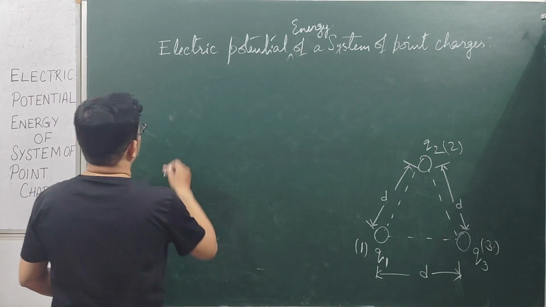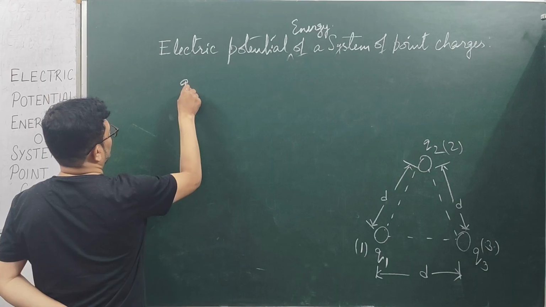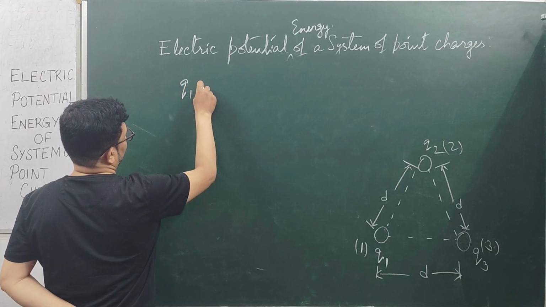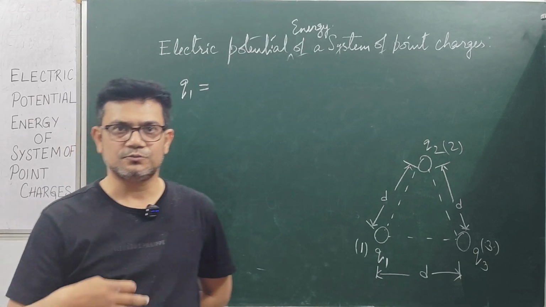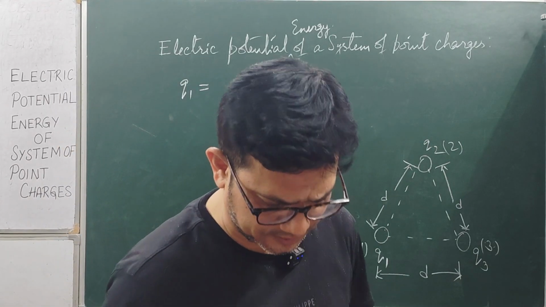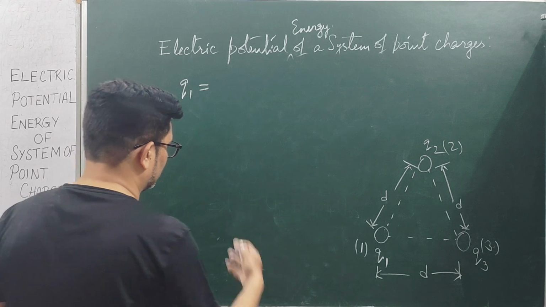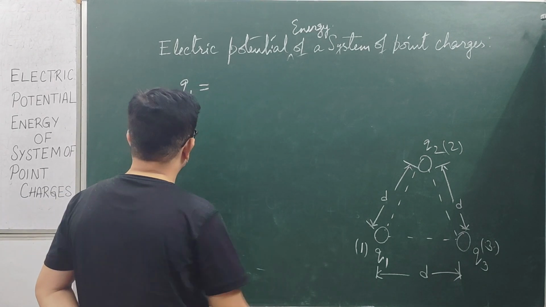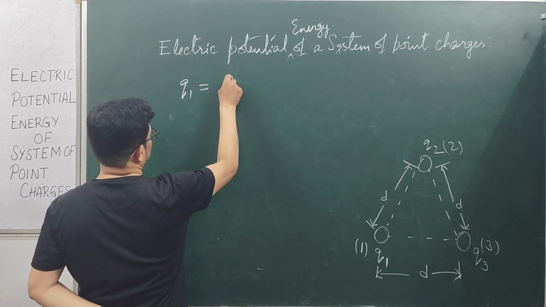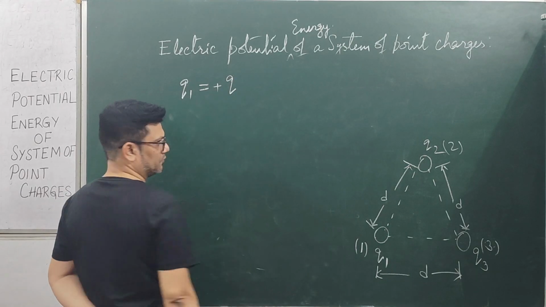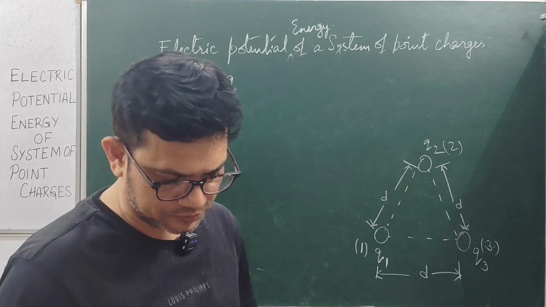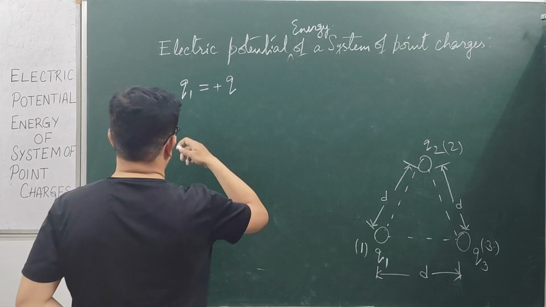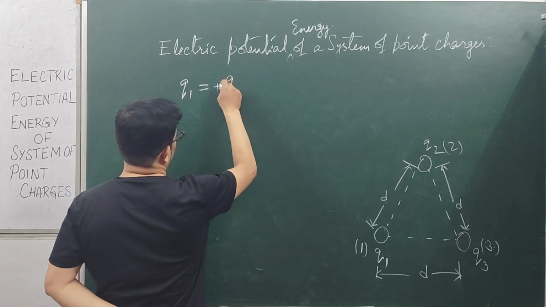So let us take this example. Let Q1 be a positive charge, Q2 be a negative charge, and Q3 also a positive charge. Suppose we take Q1 as plus Q and Q2 as minus 4Q. Q is any value that we have.